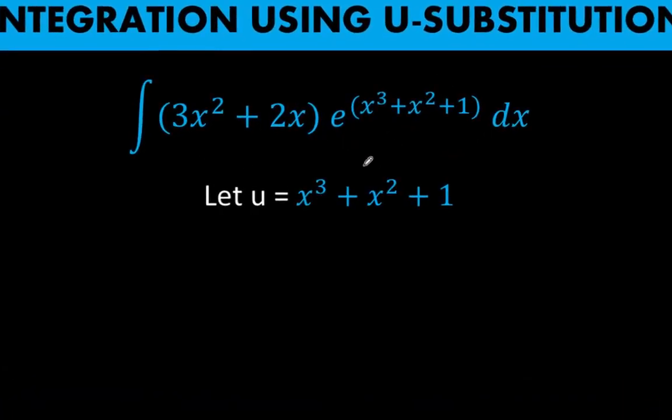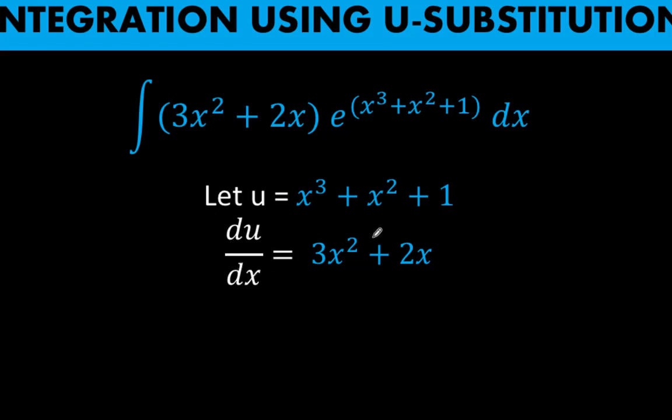In this case, in the U-substitution, we let x cubed plus x squared plus 1 be equal to u, and getting the derivative of u with respect to x, we have 3x squared plus 2x. d over dx is an operation to get the derivative of u with respect to x.